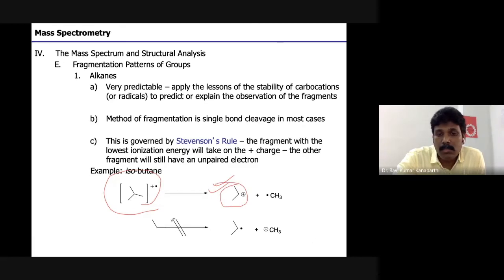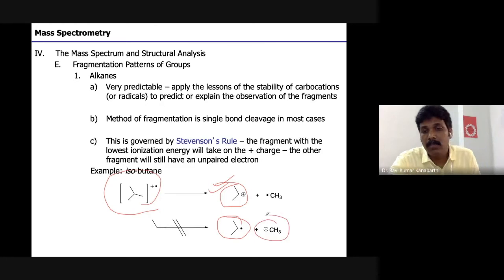The other type of cleavage is where this part leaves as a radical, leaving methyl with the positive charge. You cannot detect this CH3 in the mass spectrum.